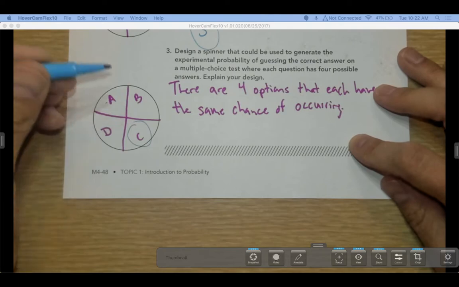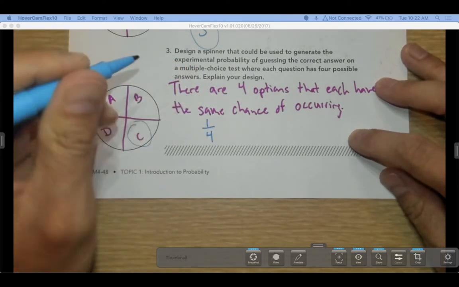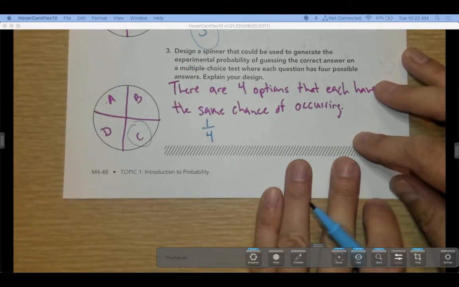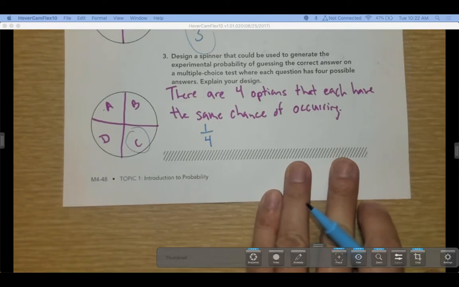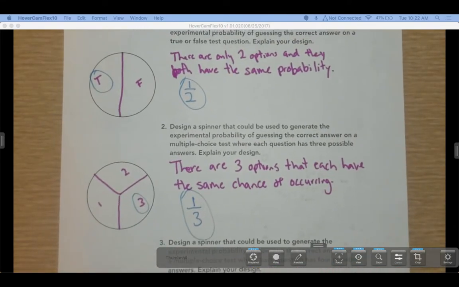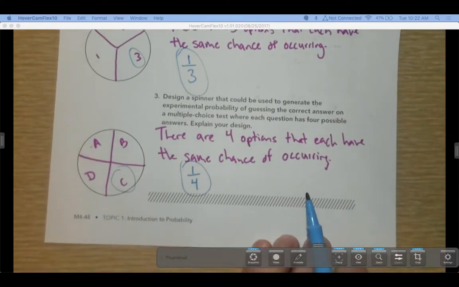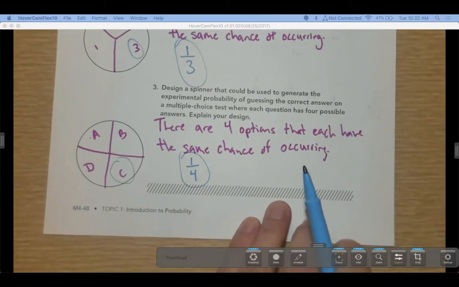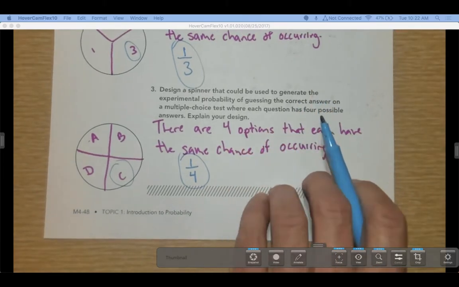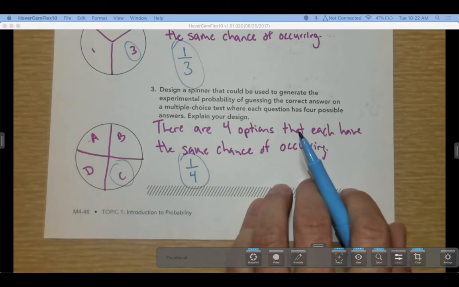Let's say C is correct. I have a 1 out of 4 chance of being correct. So if I'm guessing, I want there to be fewer choices because I have a higher probability of getting the right answer. Probability goes down as there are more choices, which is something I've learned from Edulastic. If I add another option, there's more people that are wrong on it.